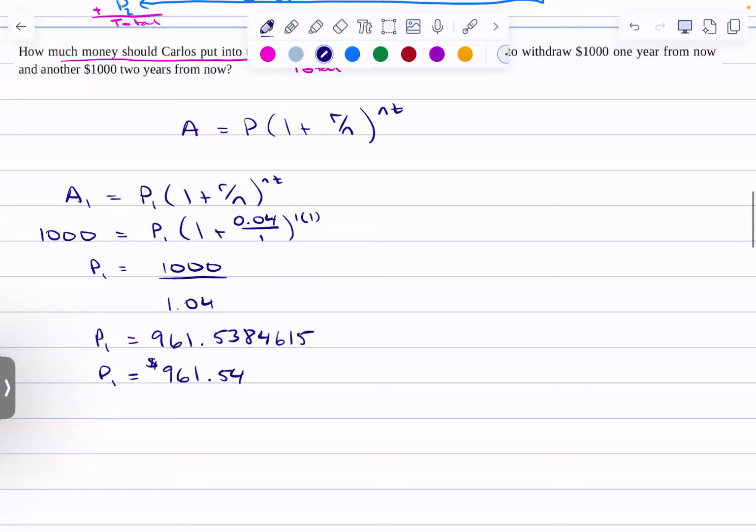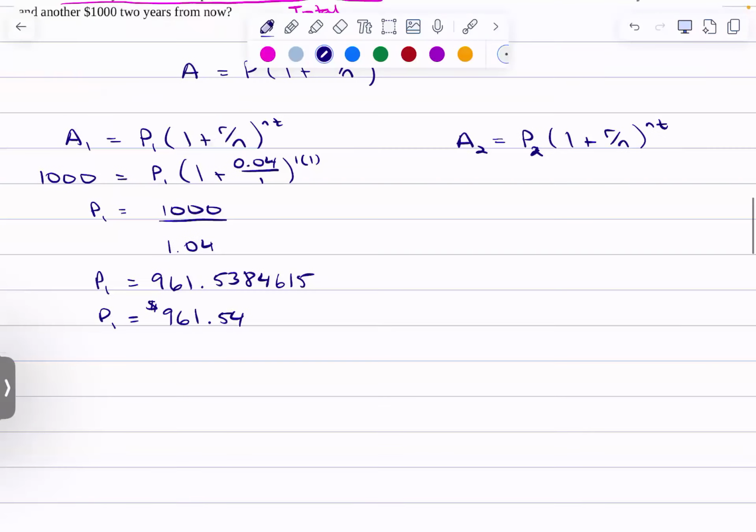I'm going to do the same thing, but for the second amount. And so A2 is P2 times 1 plus R over N to the N times T. The accumulated amount, we're forcing it to be 1,000 again. And solving for P2, 1 plus 0.04 over 1 to the power of 2 this time.